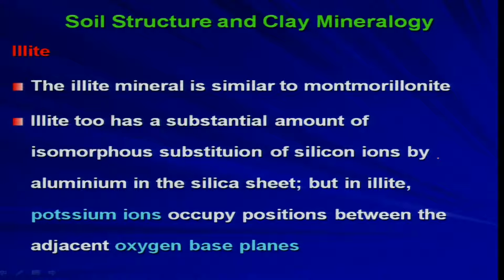Illite too has a substantial amount of isomorphous substitution. By this time we know what isomorphous substitution is: substitution of silicon ions by aluminium ions in the silica sheet. But in Illite, potassium ions occupy positions between the adjacent oxygen base planes. What does it mean?